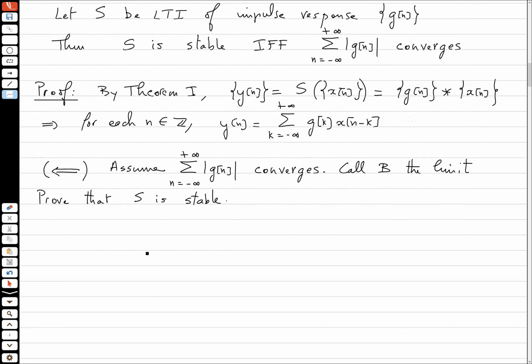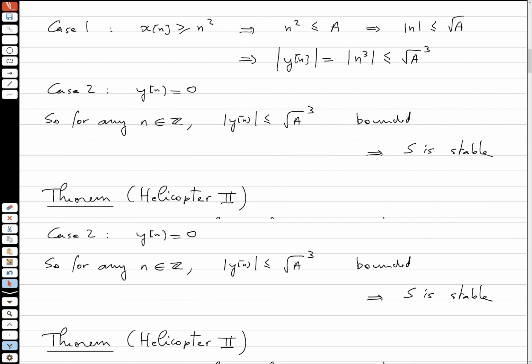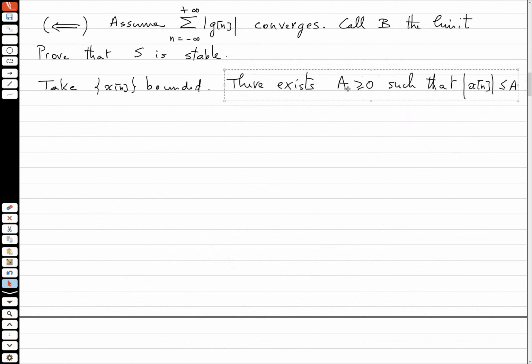So to prove that S is stable, take any input, take x of n bounded, as usual. So again, this means that there exists a positive a such that the absolute value of x of n is less than a for all n.